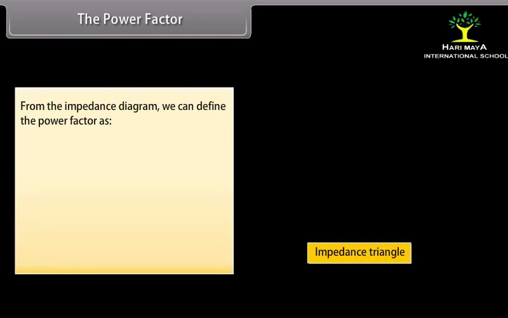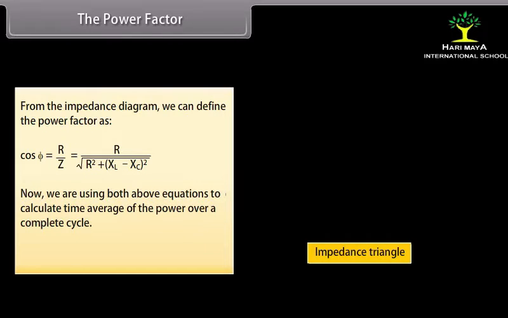From the impedance diagram, we can define the power factor as cos phi equal to R upon Z, which is equal to R upon under root R square plus (XL minus XC) square. Now, using both above equations to calculate time average of the power over the complete cycle, P bar is equal to Irms square times R.